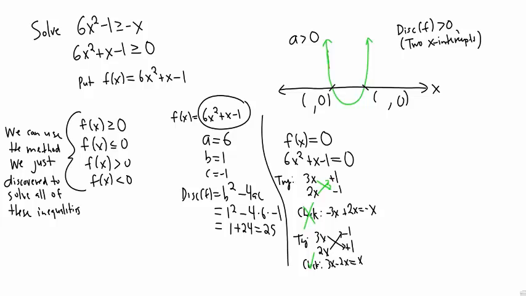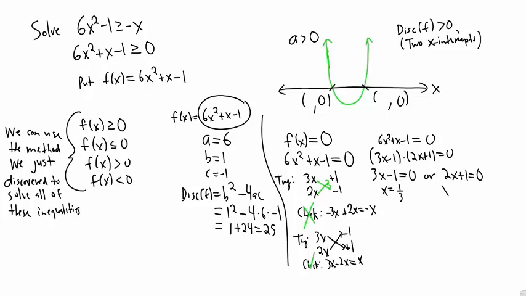So this factors as (3x minus 1)(2x plus 1). We use the zero product principle, and we get two solutions.